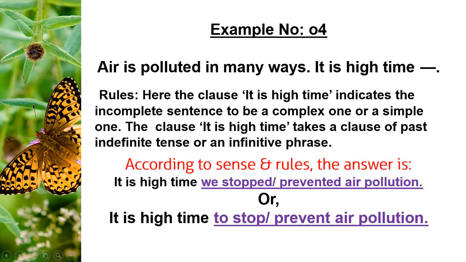According to sense and rules, the answer is it's high time we stopped or prevented air pollution. It's high time to stop or prevent air pollution. The first answer is complex sentence, the second one is a simple one.